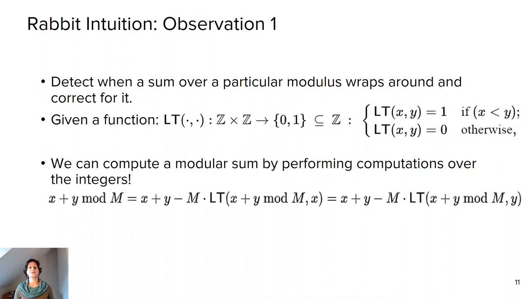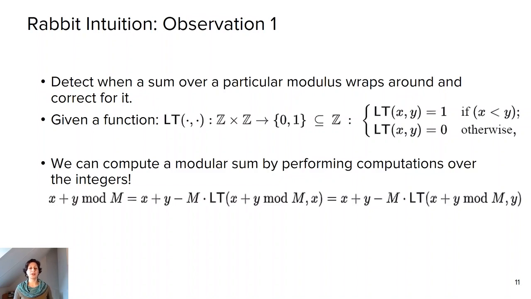How can we do that? We need to detect when a sum over a particular modulus wraps around, and when that happens, we should correct for it. To do that, we need to have a less than function that takes 2 arithmetic inputs, x and y, and returns 1 if x is less than y, and returns 0 otherwise.